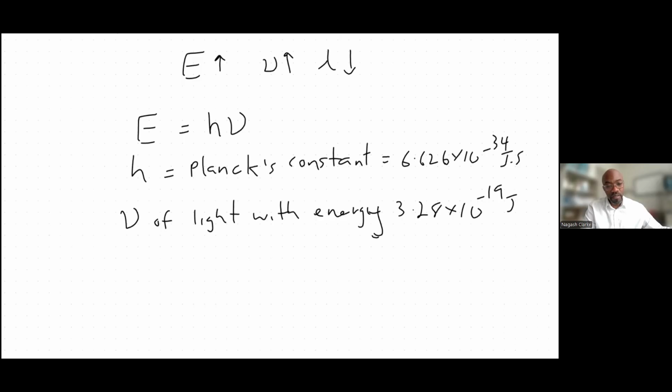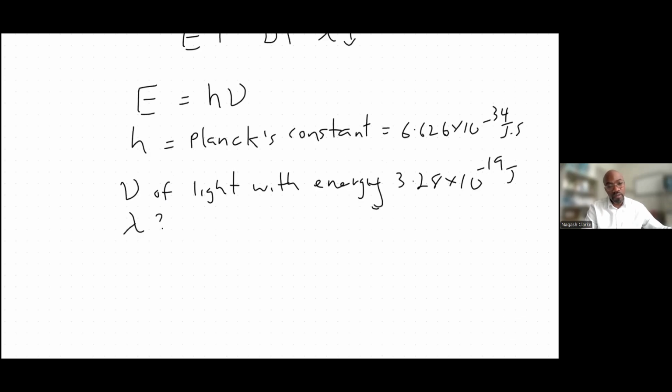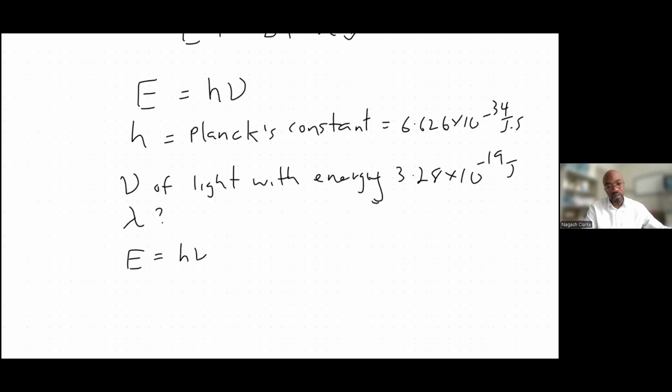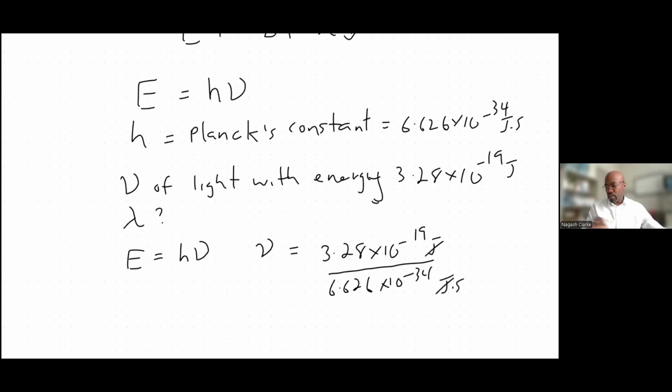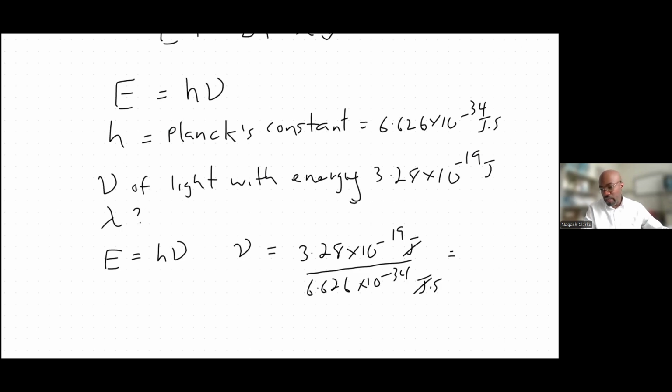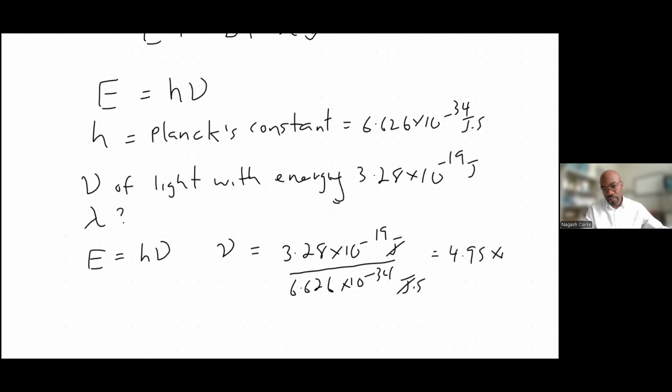Now, using E equals h times nu, nu is equal to 3.28 times 10 to the minus 19 joules over 6.626 times 10 to the minus 34 joule seconds. The joules cancel, we're left with reciprocal seconds, and we do some math and get 4.95 times 10 to the 14 reciprocal seconds. That's a frequency.